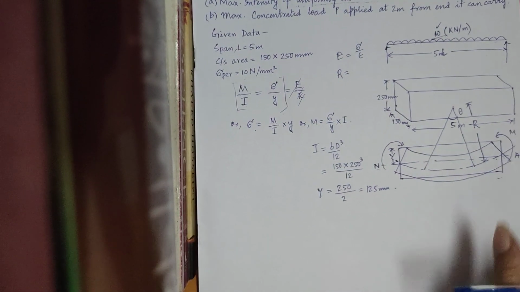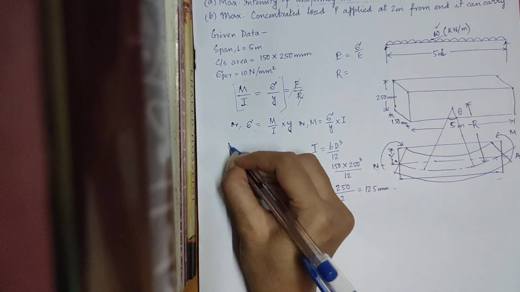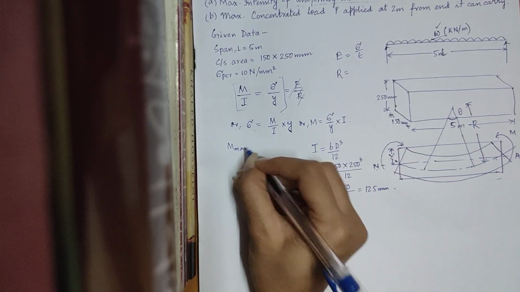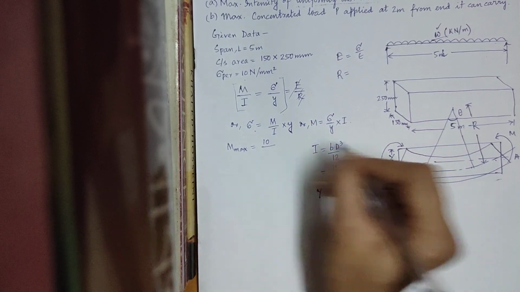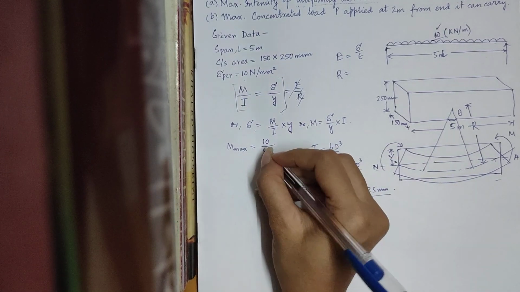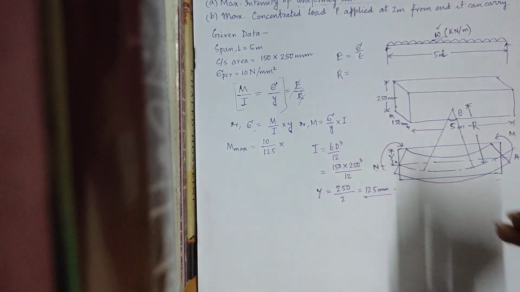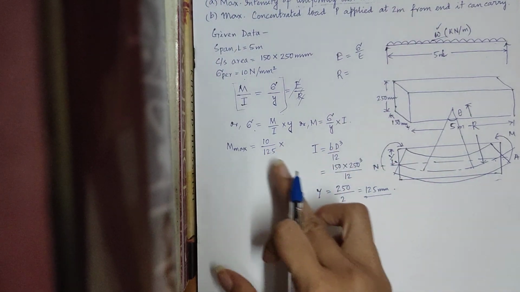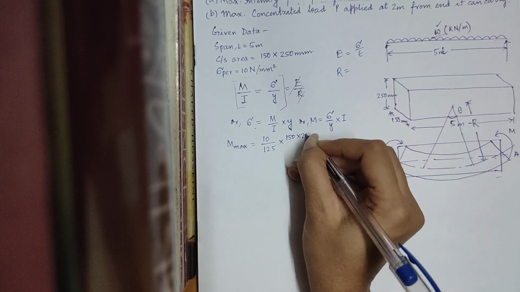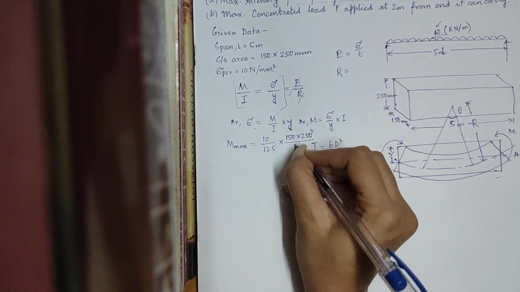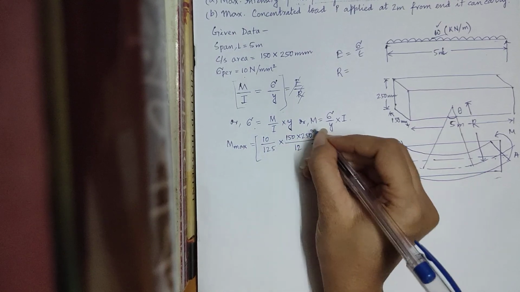We already have the value of sigma permissible, so we will simply substitute the values of sigma permissible, that is 10, divided by y, which is 125, into I, which is calculated as 150 into 250 cube divided by 12.